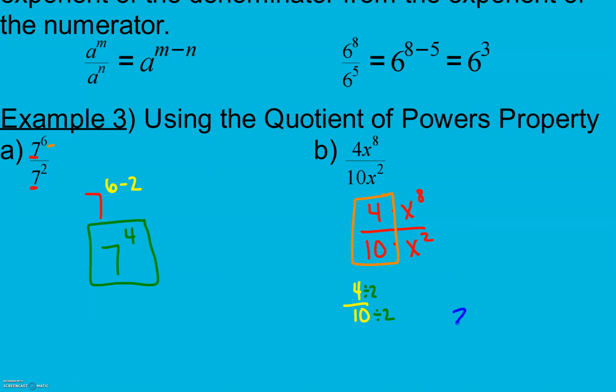And I'm going to end up with a 2 in my numerator and a 5 in my denominator. Now, dealing with my variables, they're both x's, so I keep it an x, and it goes in my numerator. I subtract my exponents, so I get 8 minus 2, which is going to give me 2x to the 6th over 5.